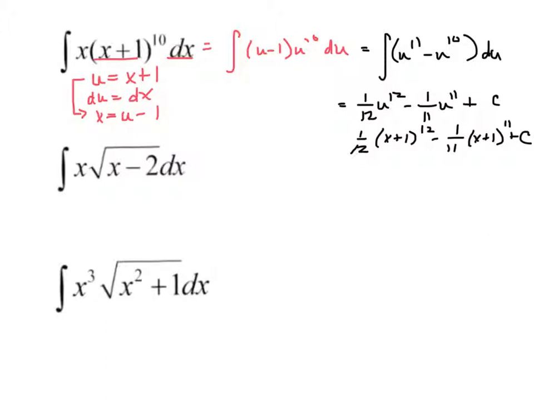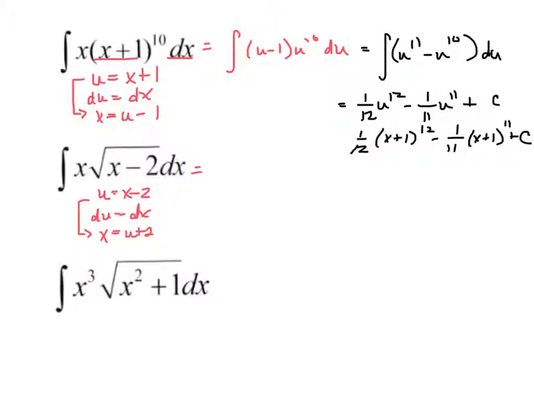This works really well, as I said, for those times when u and something outside have the same power. Okay, it works really slick for that. So let's try this. We've got, on this one, u equal to x minus 2, so du is dx. And if u is equal to x minus 2, then of course x must be u plus 2.